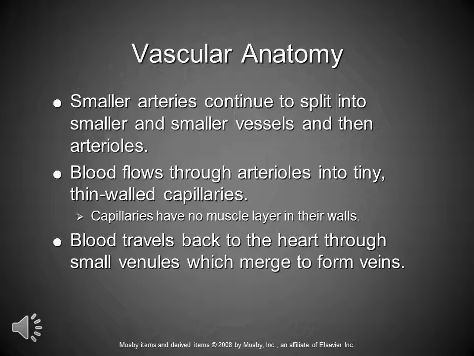Therefore, it's easy for gases and nutrients to flow in and out of them into tissue cells, and from tissue cells back into the capillaries. The capillaries then start to collect into larger vessels called venules. The venules will then collect into larger and larger vessels called veins. Then the veins collect into the superior and inferior vena cava, and they return blood back to the right atrium.